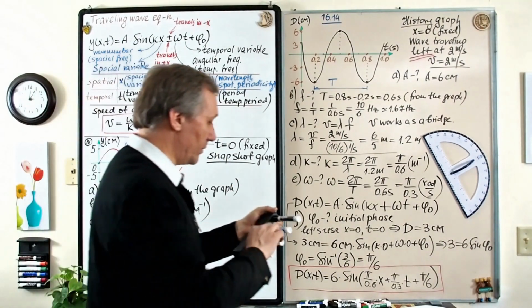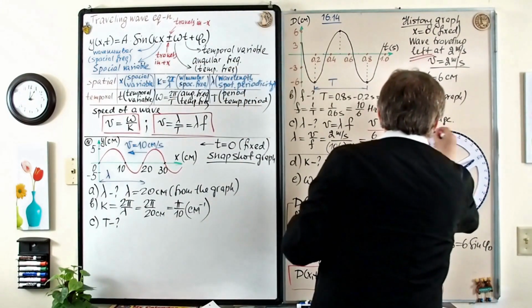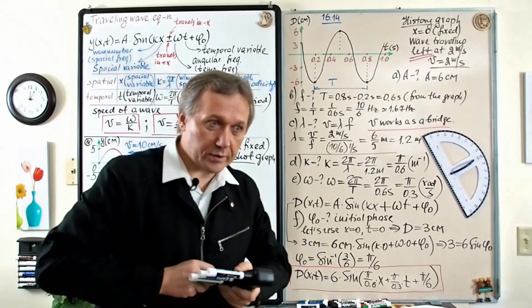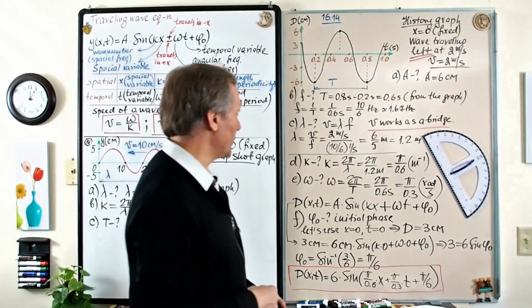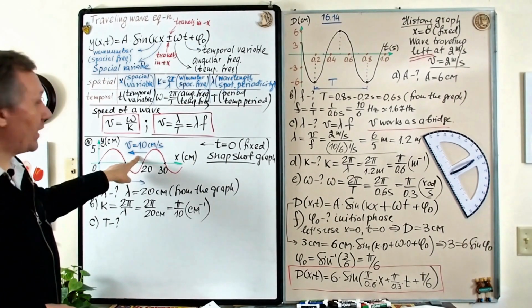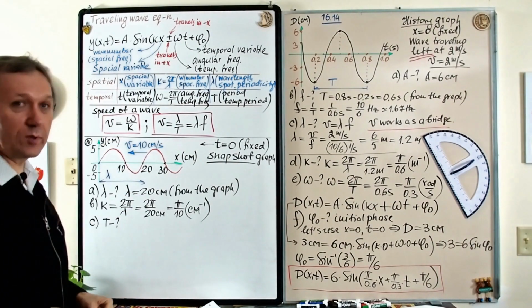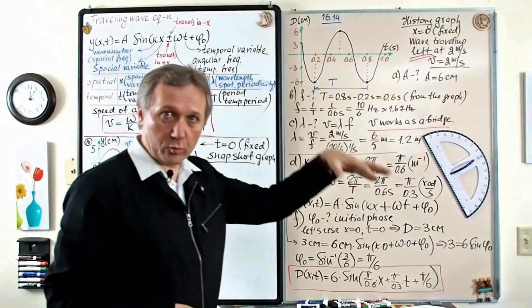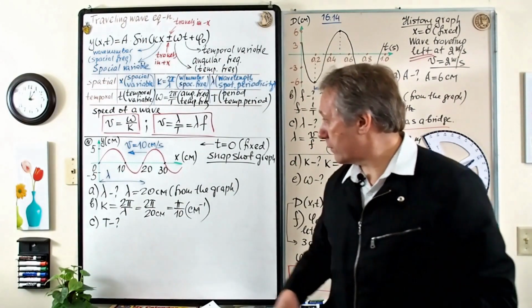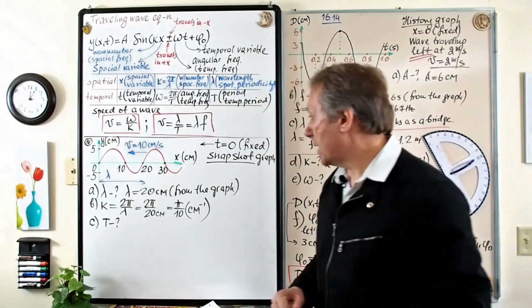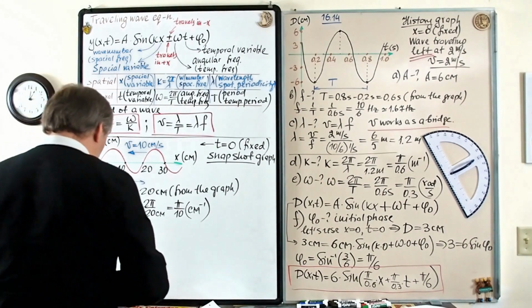But we need to remember that speed works as the bridge between the world of temporal quantities and the world of spatial quantities. Since we know the speed, 10 centimeters per second, this will allow us to move to the world of temporal quantities.